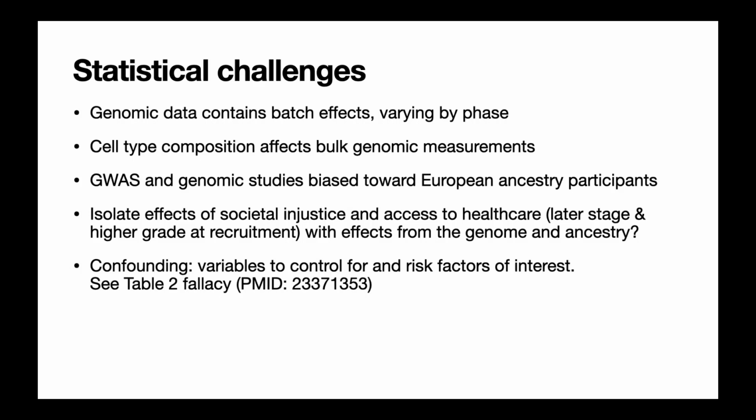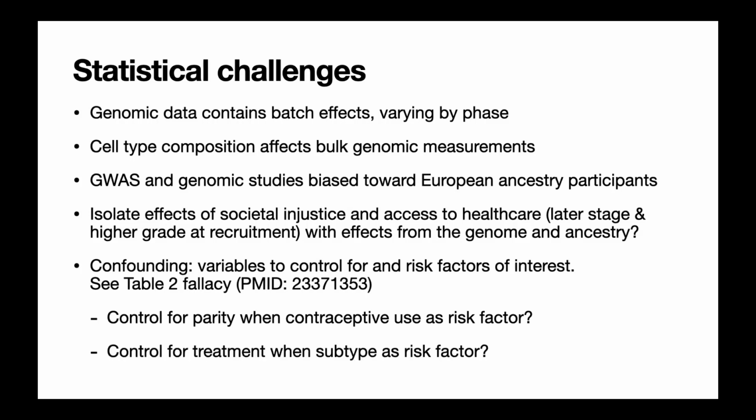We can't just naively loop through the variables and put one at the end and have that be the treatment variable or exposure variable. So questions like, how do we control for parity when contraceptive use is the risk factor of interest? Those both actually influence incidence of breast cancer. So how do we do something like controlling for one when they might also be related to each other?